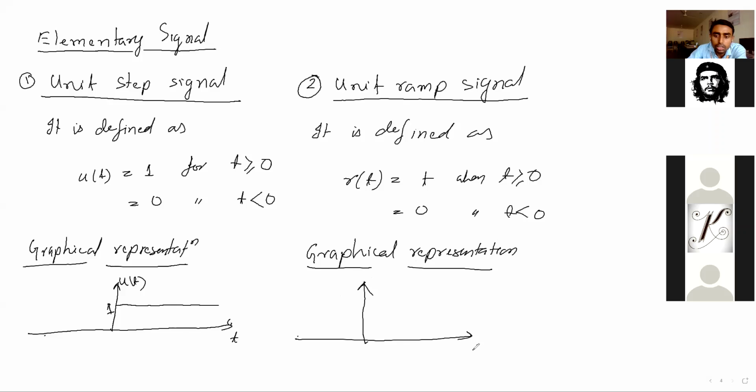For every positive value, as we increase the value of t, the amplitude increases in the same way. It is like a slope, like this, going on along the t axis. If t equals 2, the value is also 2, and for 3 it is 3. If we increase the time, the curve also increases linearly. But for negative values of t, there is no amplitude.